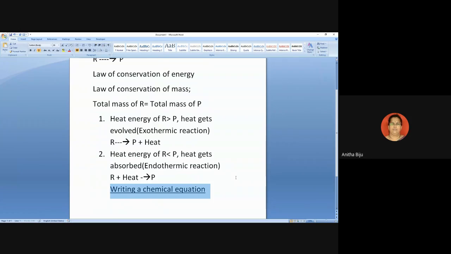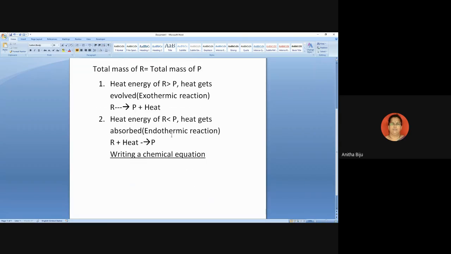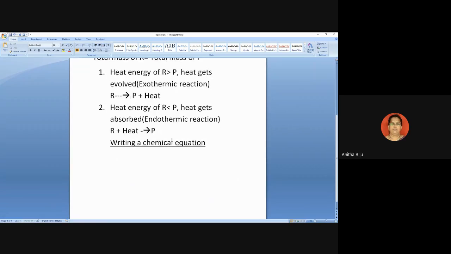Chemical equation is the method of representing a chemical reaction with the help of symbols and formulae of the substances involved in it. In terms of symbols and formulae of reactants and products.